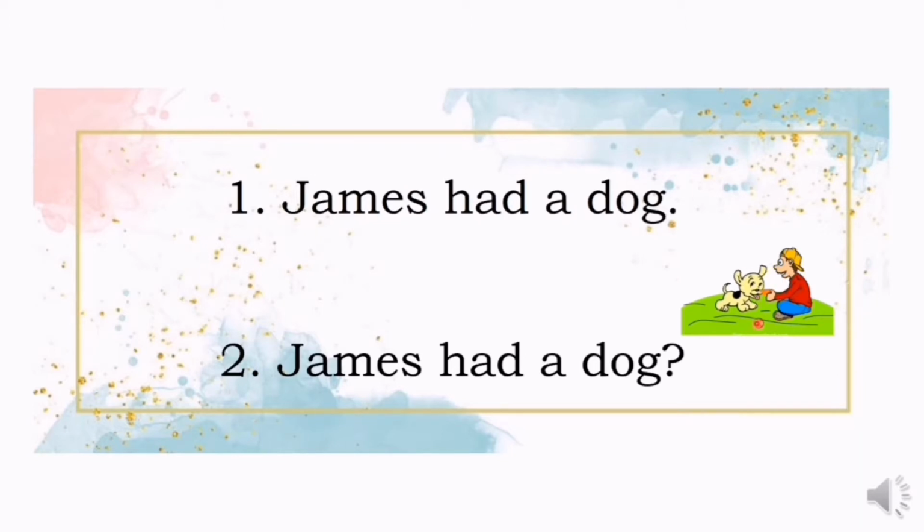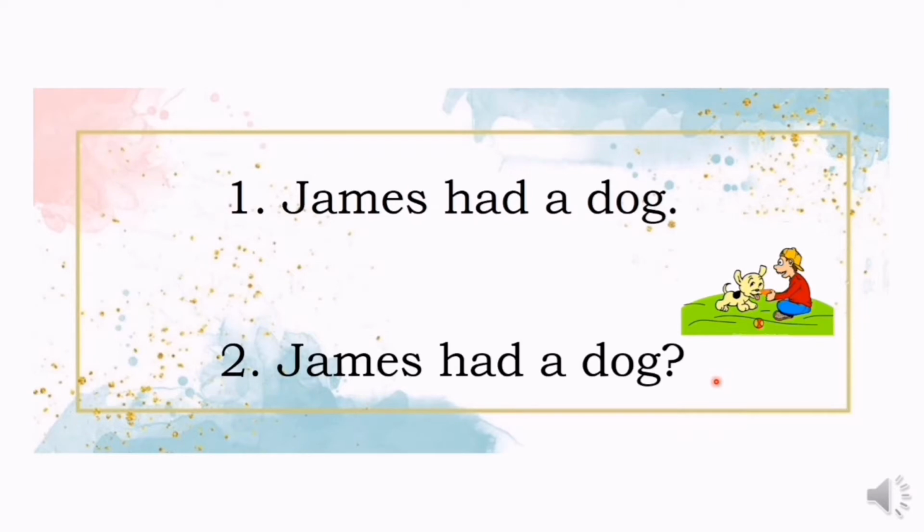I think you are near to the correct answer. Again, let us read first the sentence number 1. James had a dog. Next sentence. James had a dog.